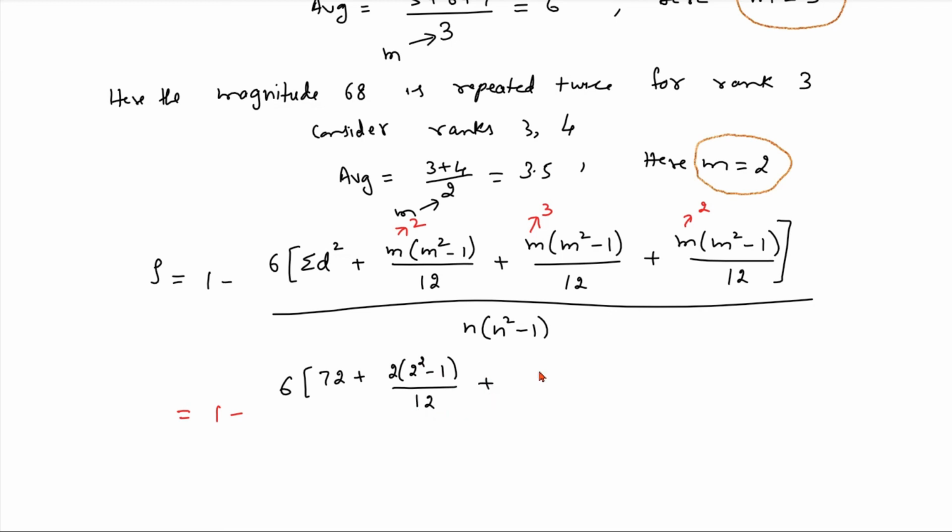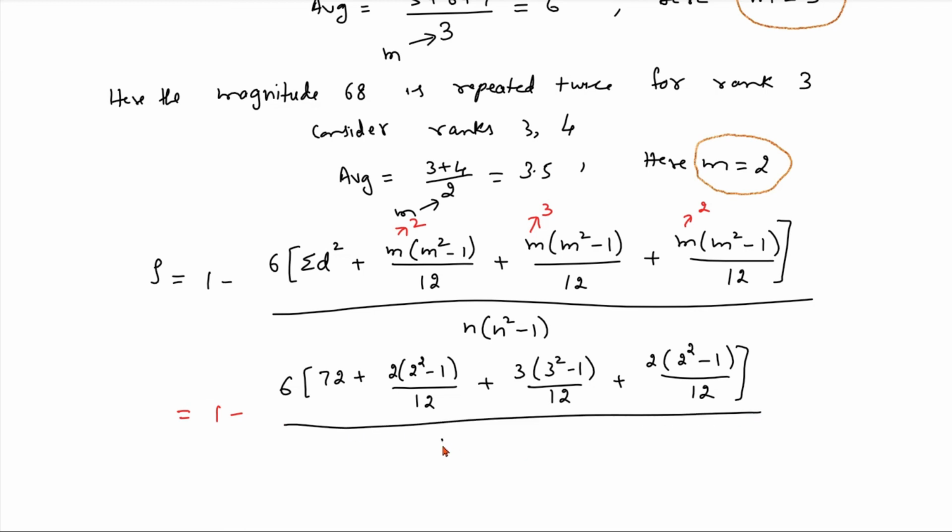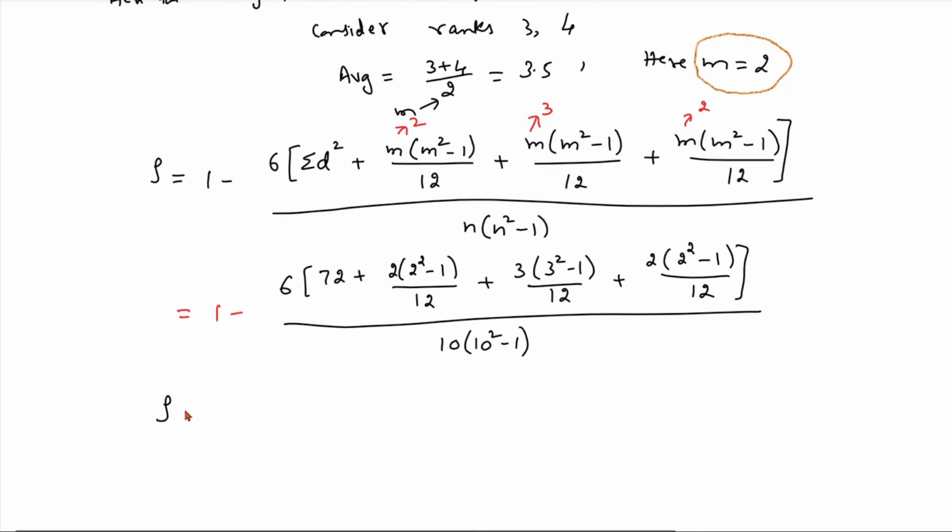The next value of m over here is 3, so 3 into 3 square minus 1 divided by 12, plus here the value of m is 2, so 2 times 2 square minus 1 divided by 12, and it is whole divided by n, which in this case is 10, so 10 times 10 square minus 1. You can just use your calculator and calculate this value. Rho will be 0.545. This will be the rank correlation coefficient.